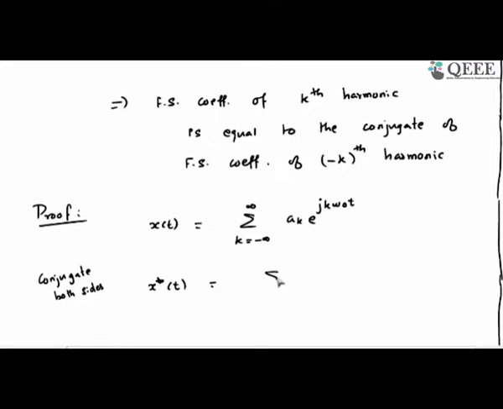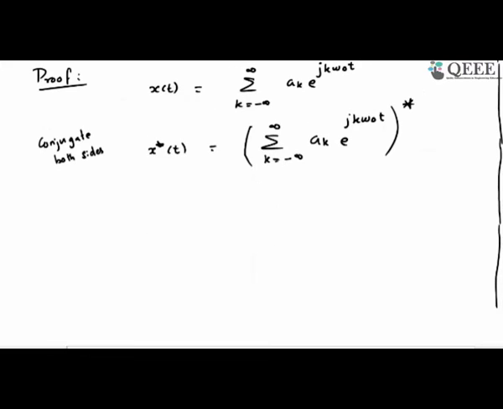So x conjugate of t is the sum over minus infinity to plus infinity of ak e power j k omega naught t, the whole thing conjugated.